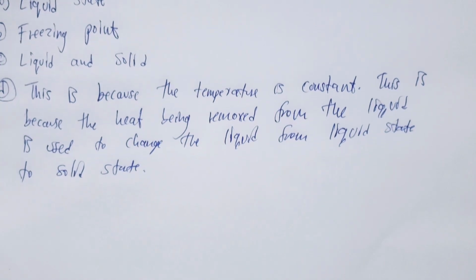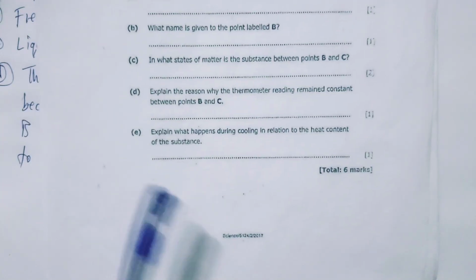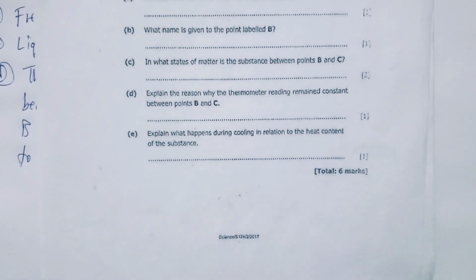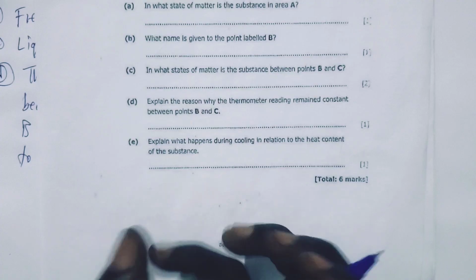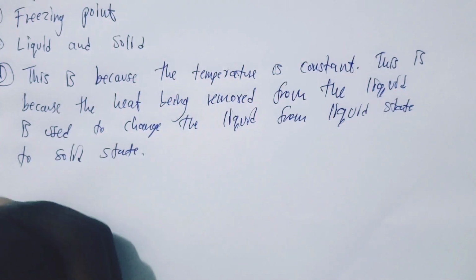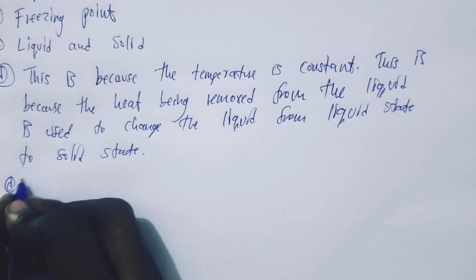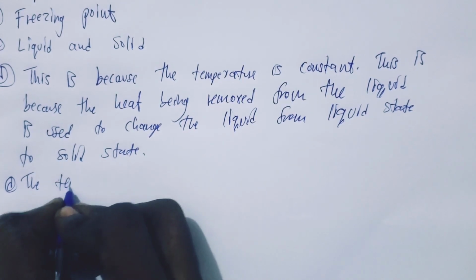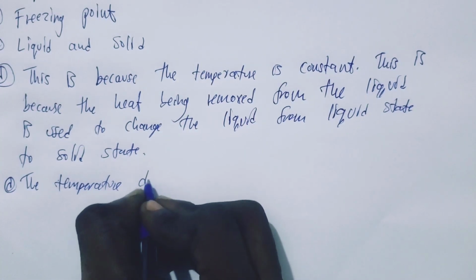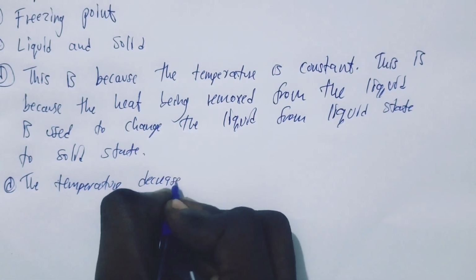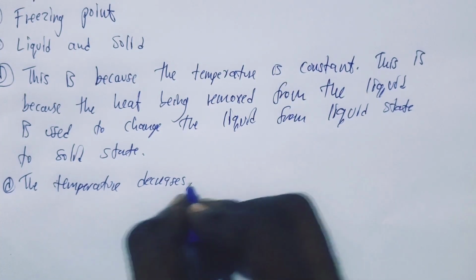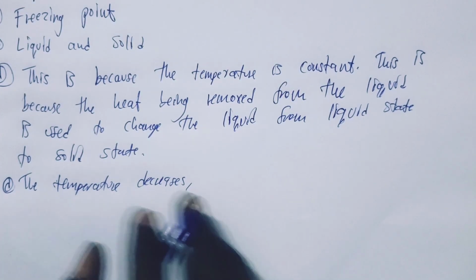So that's the case. Then the last question, explain what happens during cooling in relation to the heat content of the substance. Well, when you are cooling, you are removing heat from the substance. So the heat content decreases. So you start with temperature decreases, or the kinetic energy is removed, or it decreases.